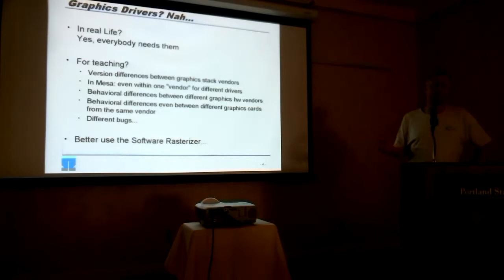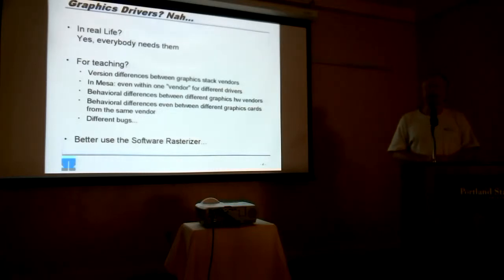We have behavioral differences between the different graphics drivers, and even within one hardware vendor, we have behavioral differences between different cards. I mean, old and new Radeon cards don't exactly behave the same, do they? And of course, we have different bugs. We always have.